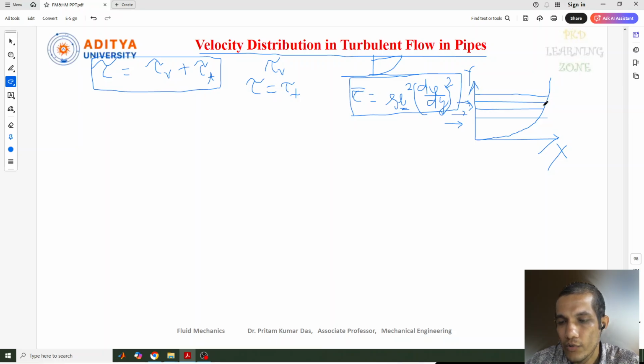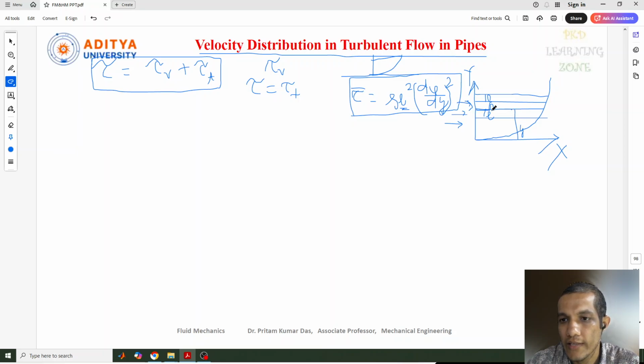The distance between each layer was taken as L, and the distance from the boundary to here was taken as Y. I told you this in the last class.